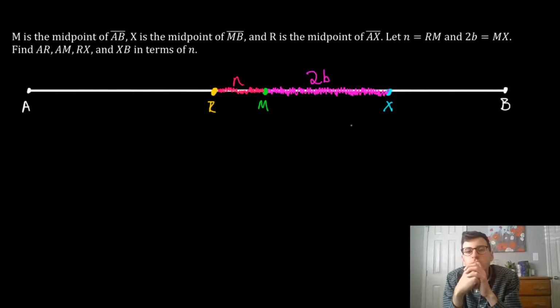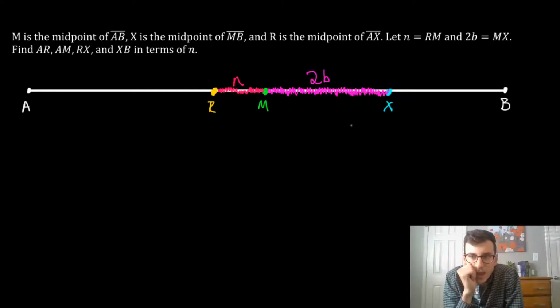Let's just start in terms of B. Maybe if we get everything in terms of B, then we can get everything in terms of N and just go from there.